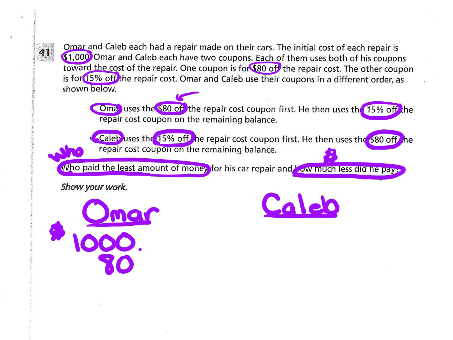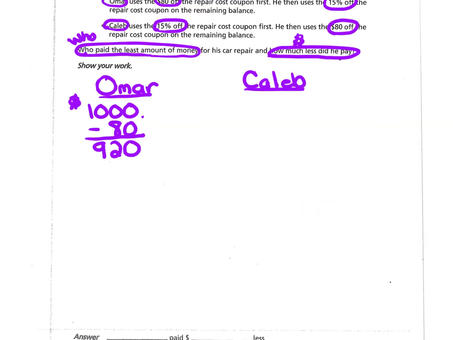So simply take and write down $1,000, and on your calculator, subtract $80. He's now down to $920 owed. Then he puts down the second coupon for 15% off.